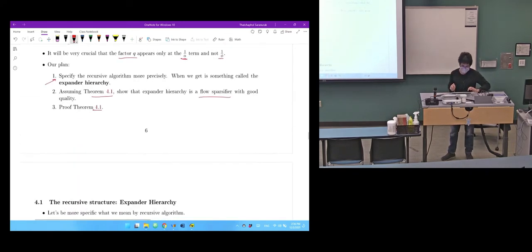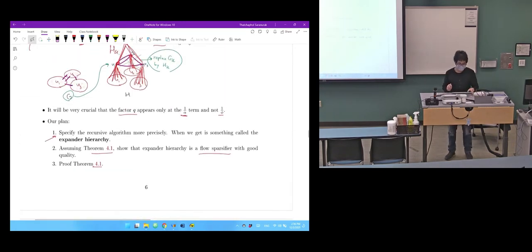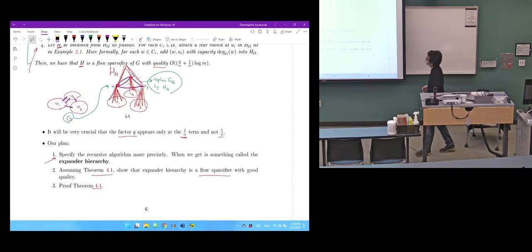Could you tell what Q is here? Yes, Q is going to be something that is given to you.